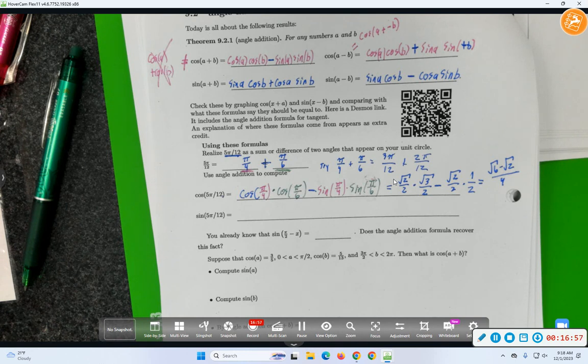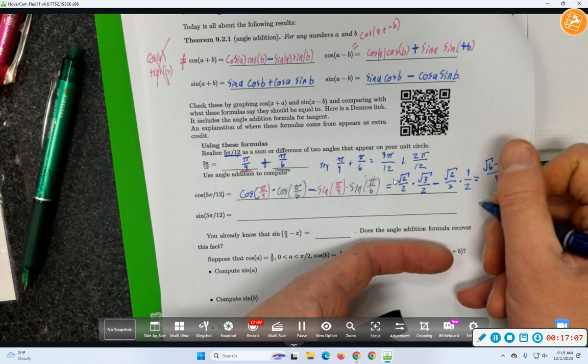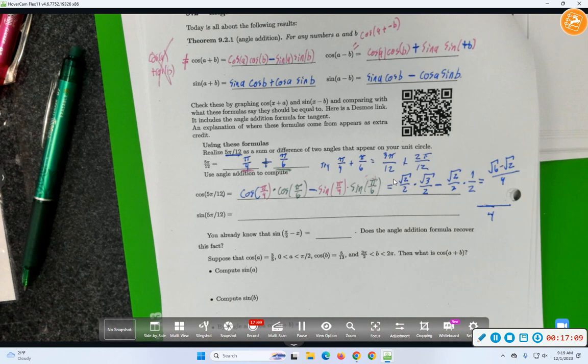Cool. What y'all getting? It's something divided by 4. There's probably the square root of 6 and the square root of 2 in it.